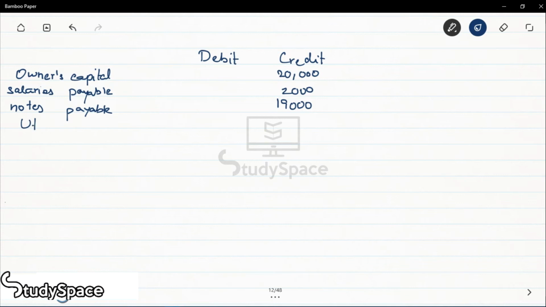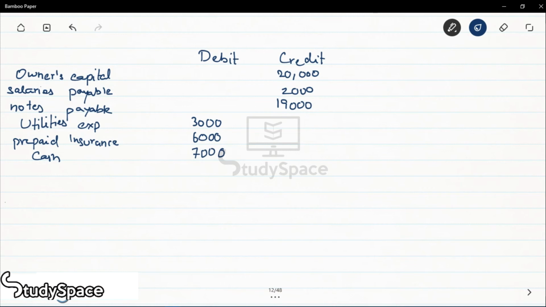Lastly, we have our utilities expense, our prepaid insurance, and our cash. I'm just going to debit them because all of these are positive, and expenses are debit in nature, our insurance is also an asset for us, and our cash is also positive, and since cash is an asset, it will be debit in nature.